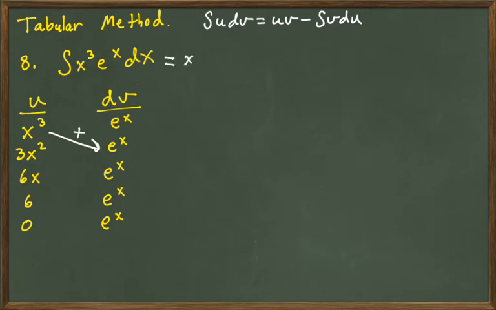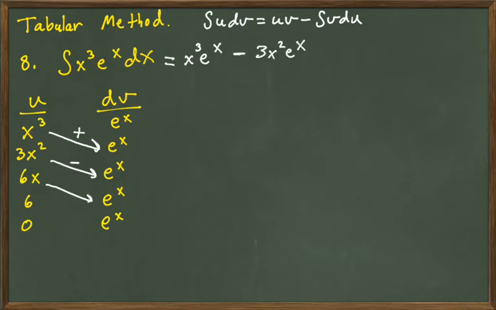And we say plus, and then it's going to be minus the integral of v du. But instead of doing minus the integral of v du, this is now our u, and this is now our v. We have to account for the minus sign in the integration by parts formula, so this will be minus. So minus 3x squared e to the x.